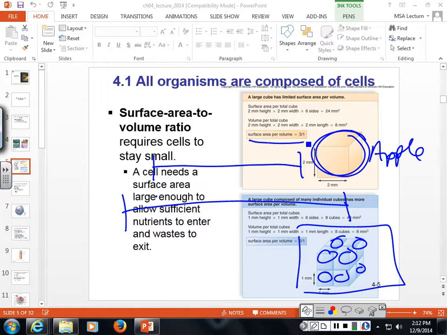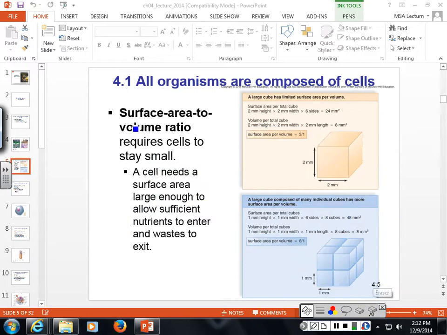And that's what they're trying to show you here. Surface area per volume. I have more surface area compared to the volume that's inside. So having a larger surface area to volume ratio allows nutrients and wastes to enter and exit the plasma membrane of a cell.